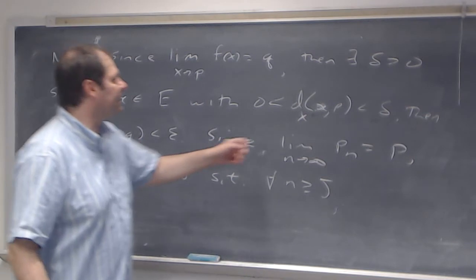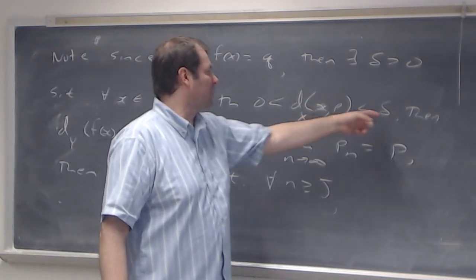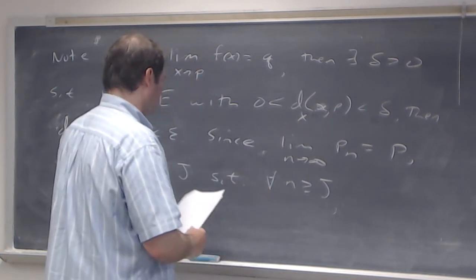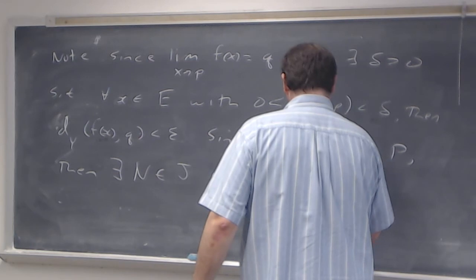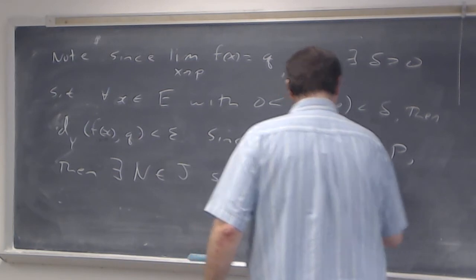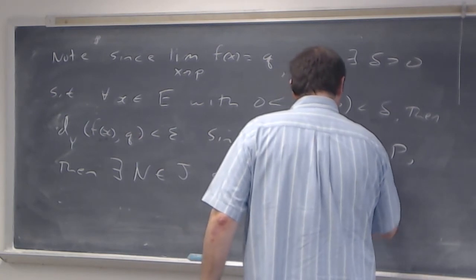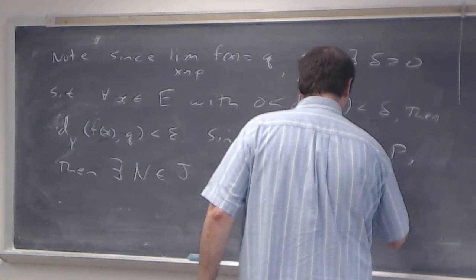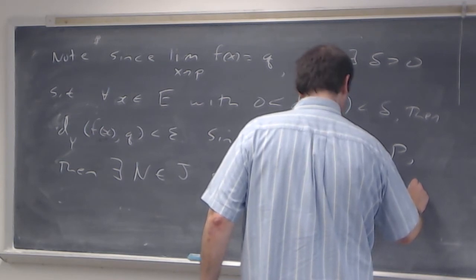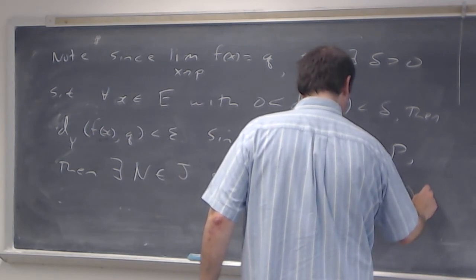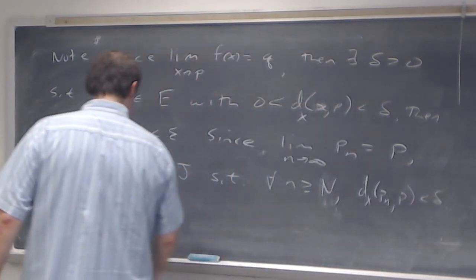So what I need to do is make sure that the input values, the p sub n values, are within delta units of p. Well, I can do that by, for all n bigger than or equal to N, I've written the wrong thing there. For all n bigger than or equal to N, the distance in X between p sub n and p will be less than delta. Okay?